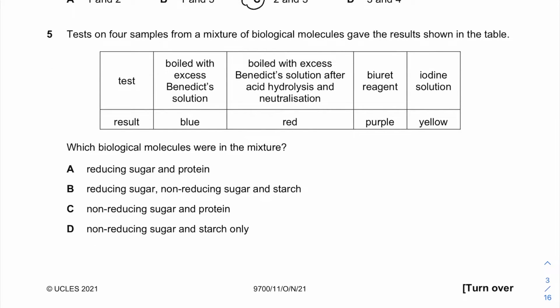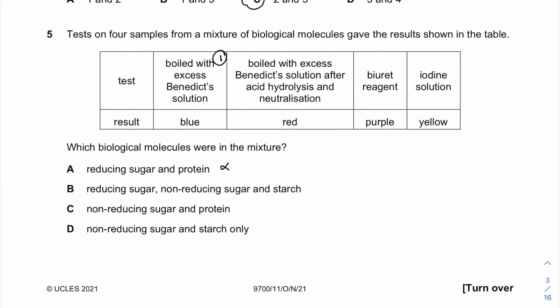Question number 5. Test on 4 samples from a mixture of biological molecules gave the results shown in the table. Now, for the first test, we have Benedict's test. So Benedict's test tests for reducing sugar. If the reducing sugar is present, you would have brick red precipitate. So in this case, the color remains as blue. That means reducing sugar is not present.